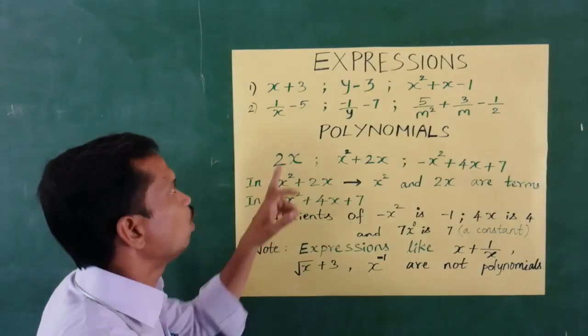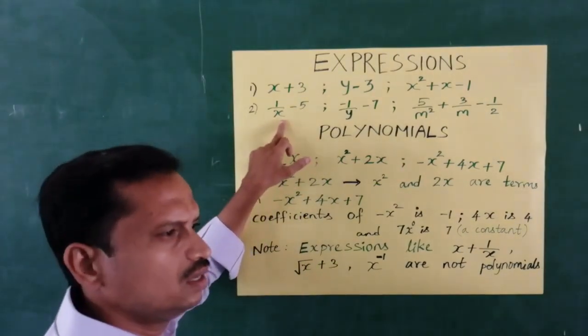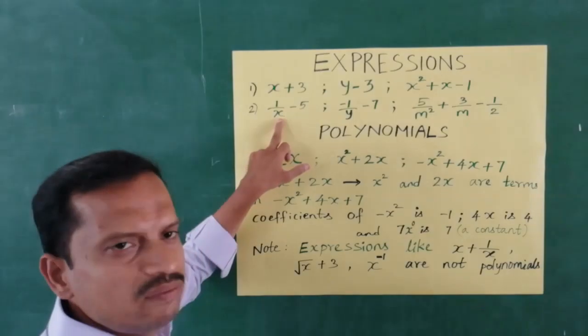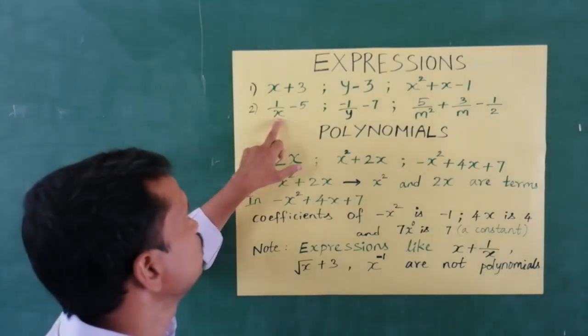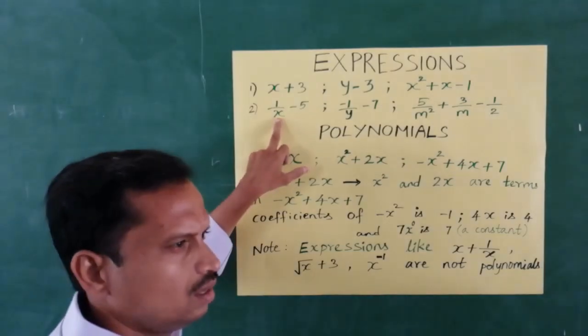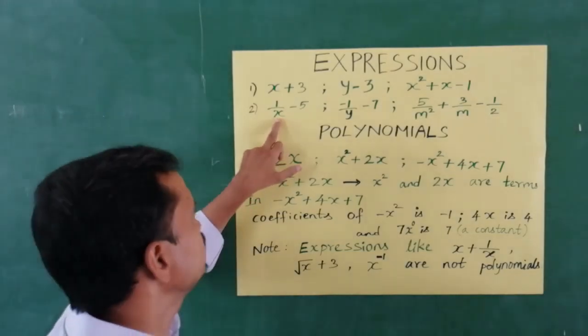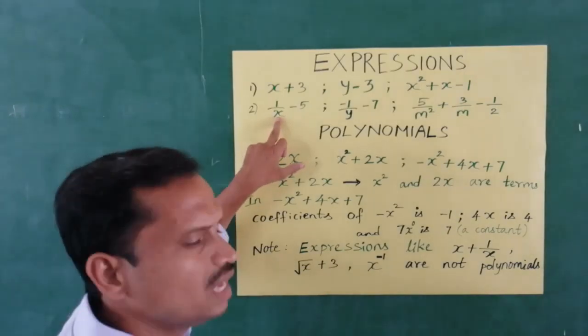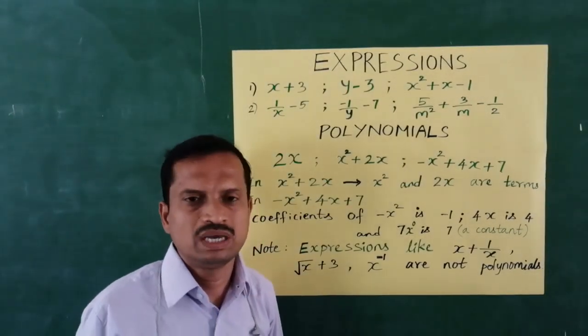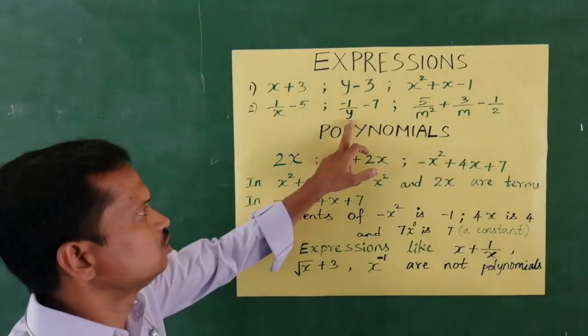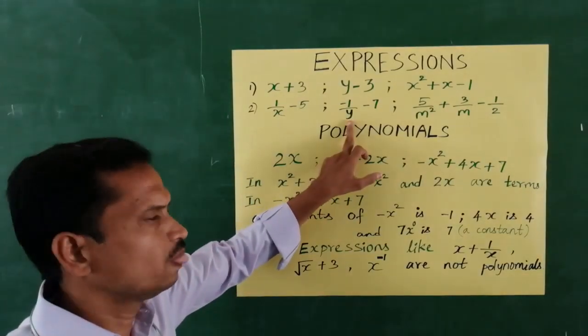And here you see 1 by x. Here the variable is in the denominator. If you want to get the power, it is x power 1 in the denominator. While bringing it to the numerator, the exponent becomes minus 1. Like that here also, y is in the denominator.